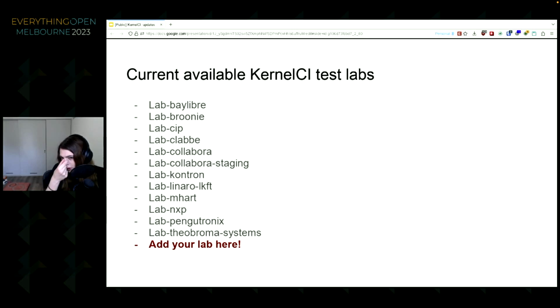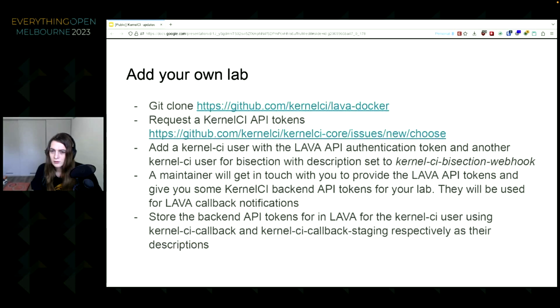And we currently have many working Lava laboratories that are offering their own boards for testing the upstream kernel. And it is possible for anyone to add their own Lava laboratory by requesting an API token from KernelCI through the GitHub KernelCI core repository.